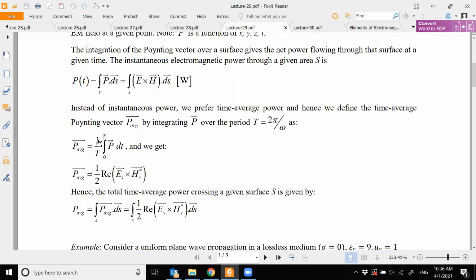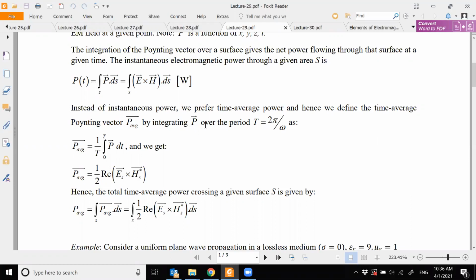So here in our electromagnetic theory, it's better if we always go for an average power. Therefore, instead of instantaneous power, we always prefer to find the time averaged power, and hence we define the time average Poynting vector, which is P average bar.